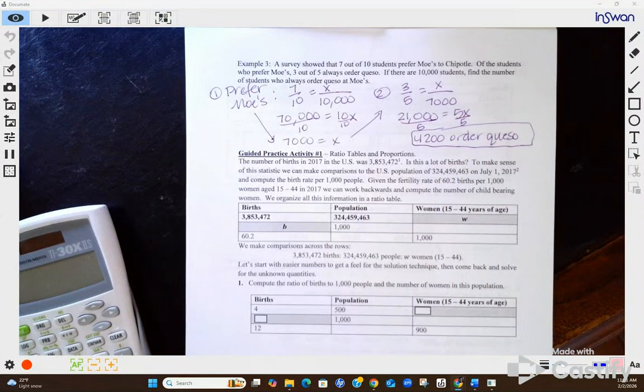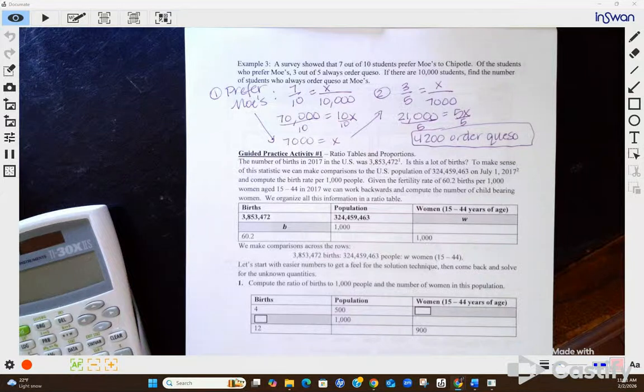All right, now we're going to look at ratio tables now that we've talked about how to solve proportions. Okay, the number of births in 2017 in the U.S. was 3,855,472. Is that a lot of births?